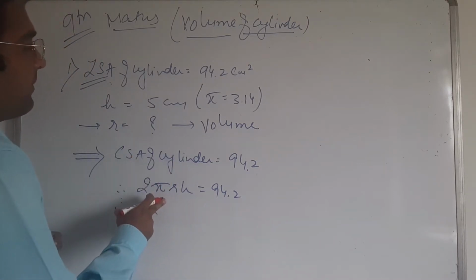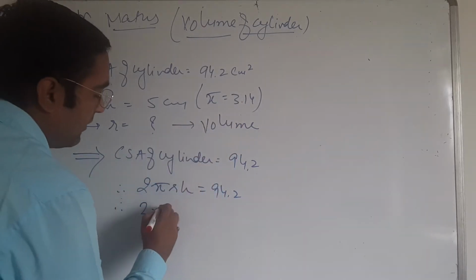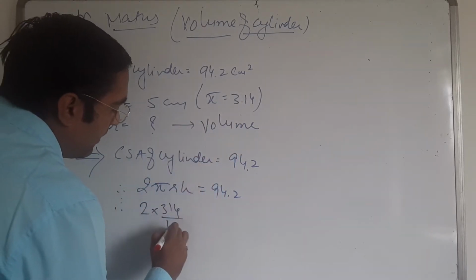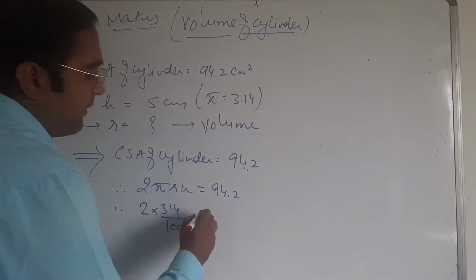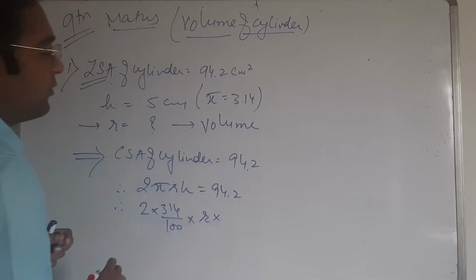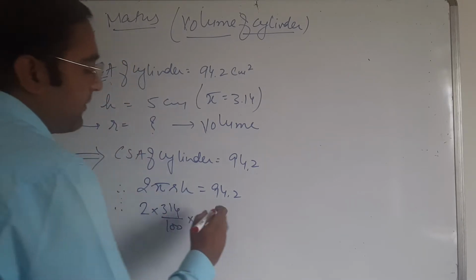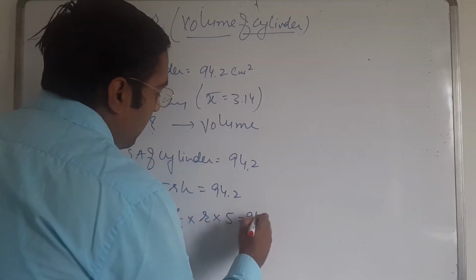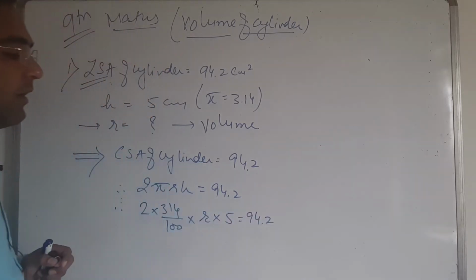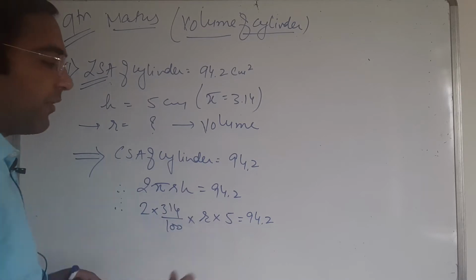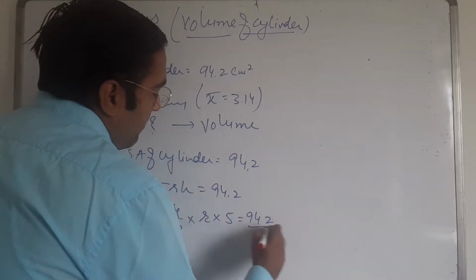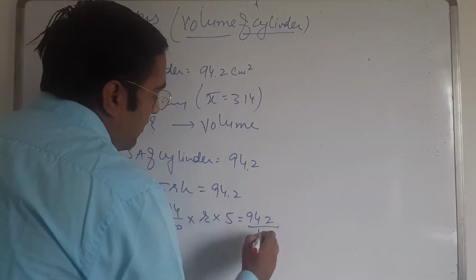Taking pi as 3.14, so 314 upon 100 into the radius we have to find, into height which is given as 5 centimeter, equal to 94.2. Now I have to remove the decimal point, so the equation is 942 upon 10.